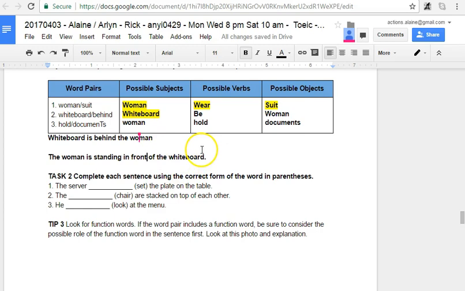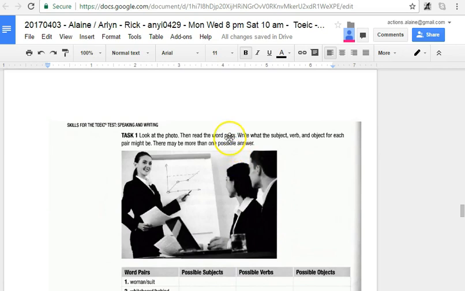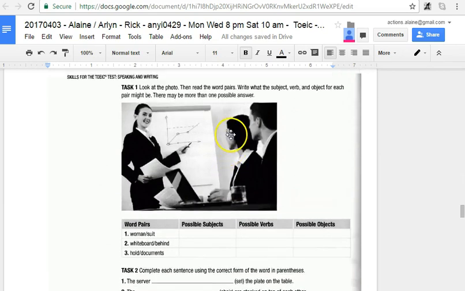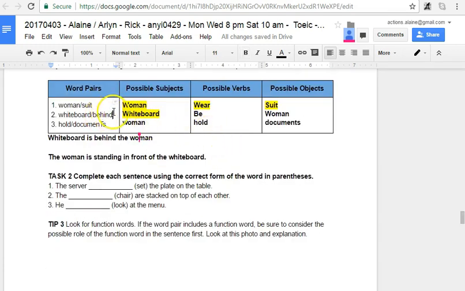So again, it is providing you whiteboard and behind, right? I think behind should not be here because there's nothing behind the whiteboard but a wall.